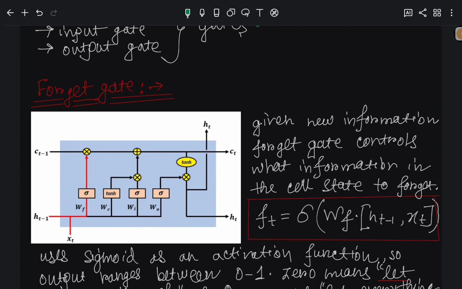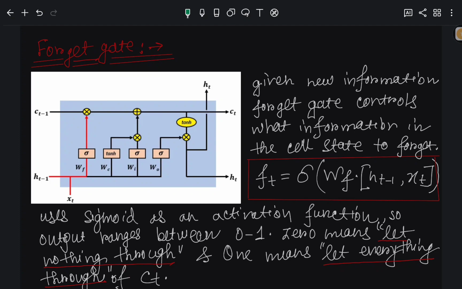If I write down the equation, we have a sigmoid activation function, then the weights associated with the forget gate, and the two inputs, ht minus 1 and the current input xt. After applying the sigmoid activation function we get the forget gate output, which is ft.